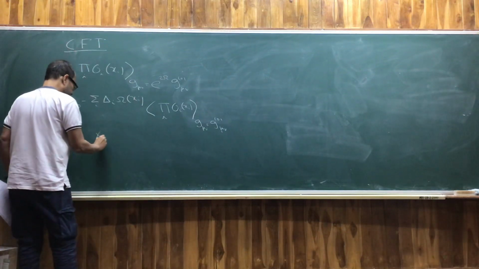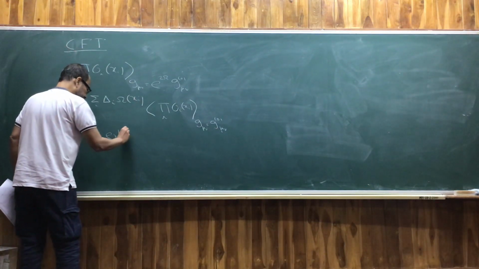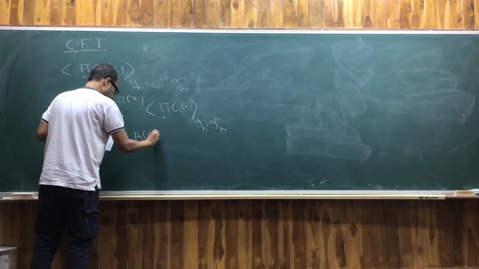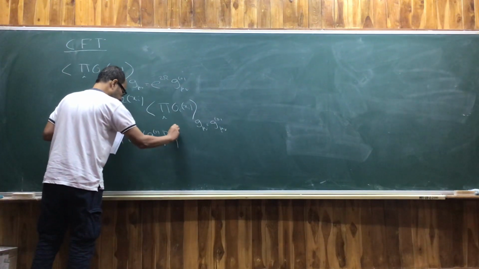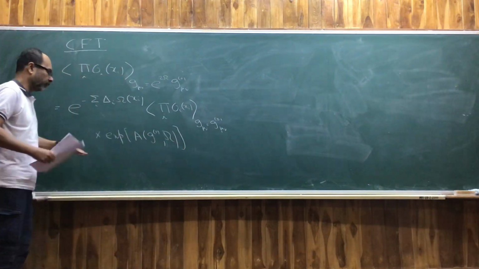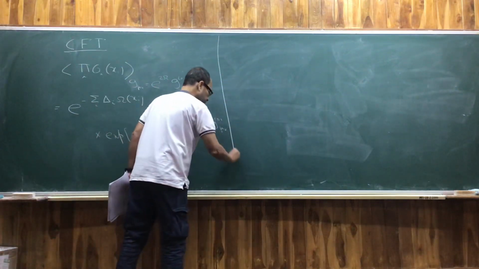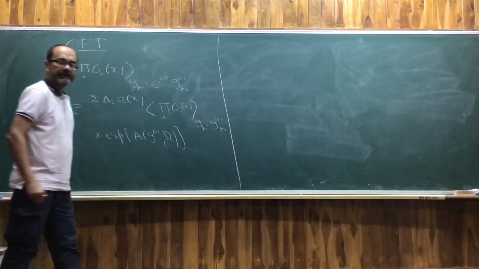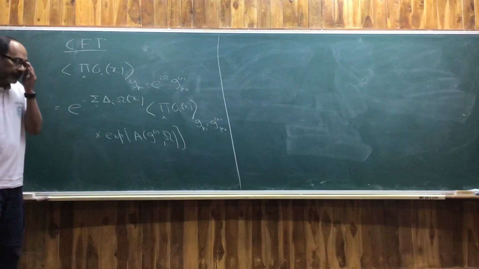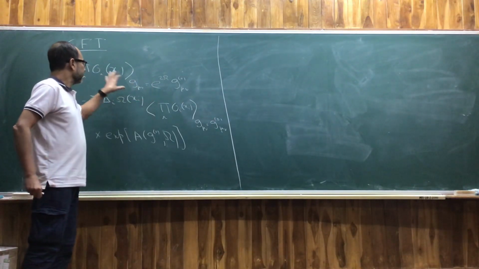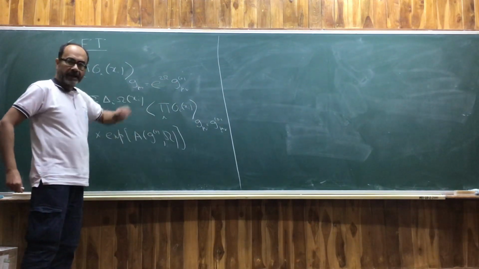And then there is some anomaly function which we can ignore for most purposes. So what this gives us is a correlation function for a conformal field theory in a fixed background.